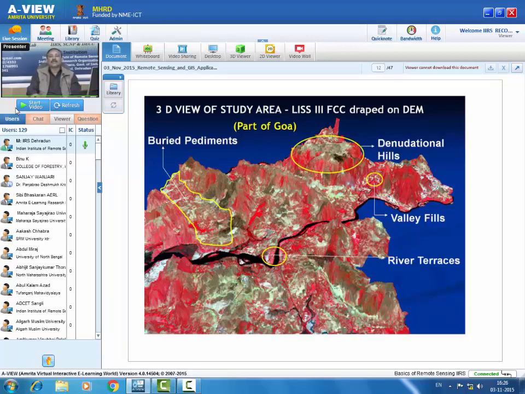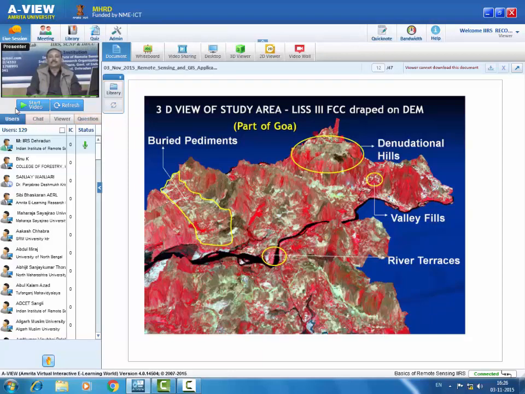So I can divide my area into the various geomorphologic units, that is the hills, denudational hills, valley, and here along the river terraces. So my submission is that first of all you divide your area into geomorphologic units, and the geomorphology you further divide based on the slope.